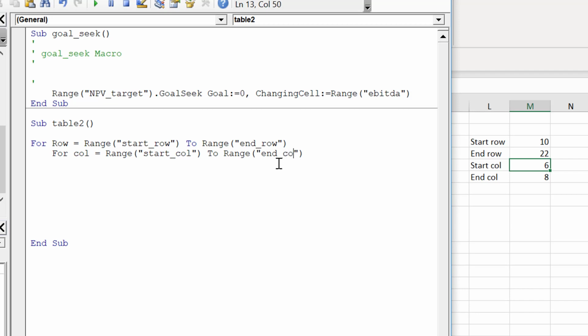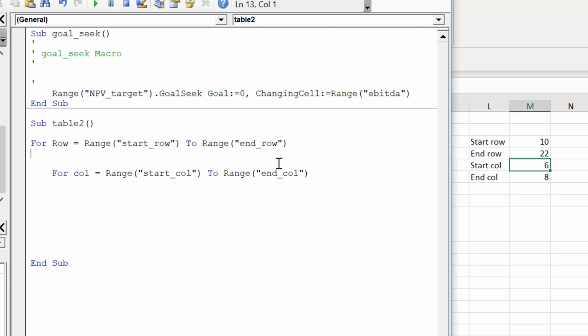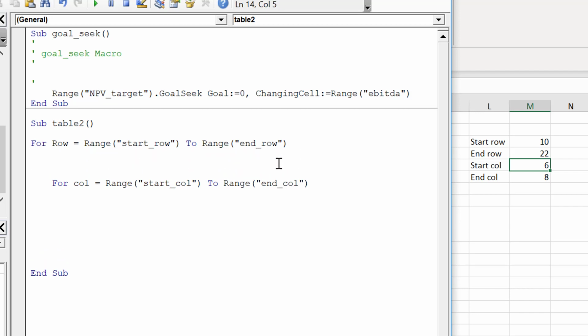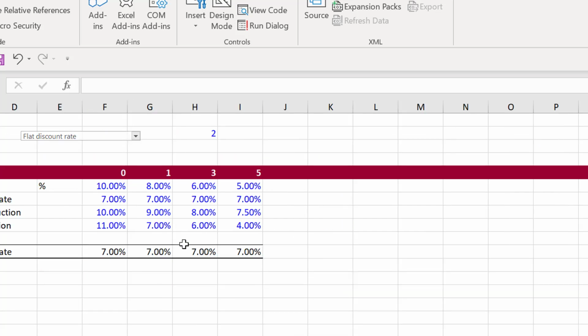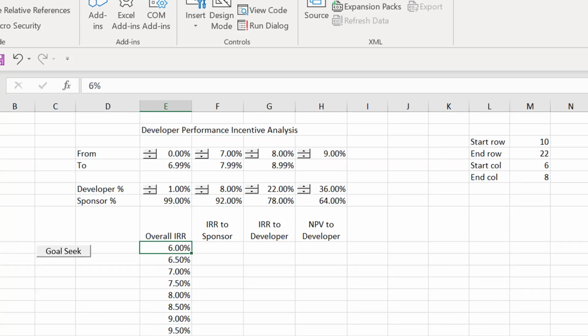Now, before you do this one, you better say, okay, let's go to the row. And each time we put the row in, let's take this prior column and stick it into the target IRR, but we better multiply it by 100.